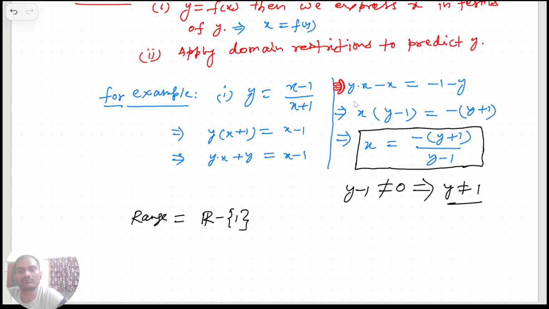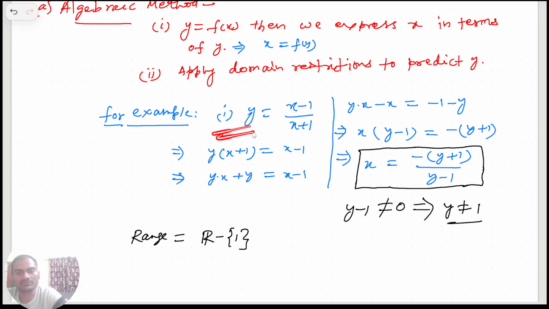Again, further, what we are going to get? y into x minus x. We took x this side and y right side. So what we are going to get? y into x minus x equal to minus 1 minus y. If we solve again, what we are going to end up with? x equal to (minus y plus 1) over (y minus 1). This is what we are going to get.